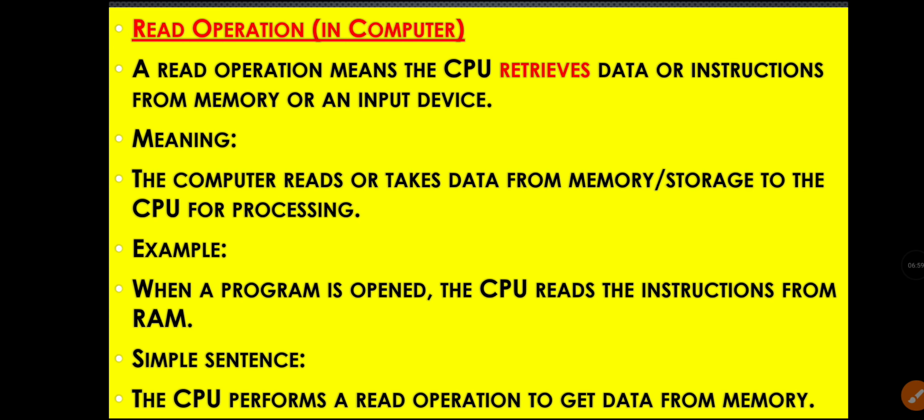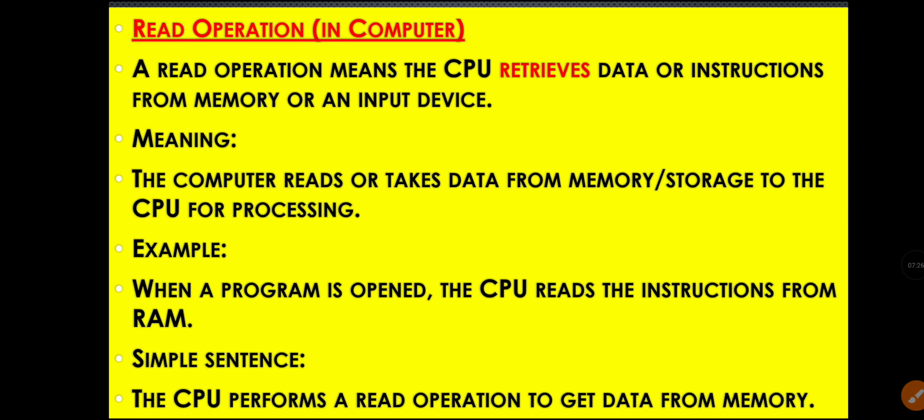My dear students, what is the meaning of read operations in a computer system? A read operation means the central processing unit retrieves. I have written it in red colored word. Retrieves means recovers data or instructions from memory or an input device.